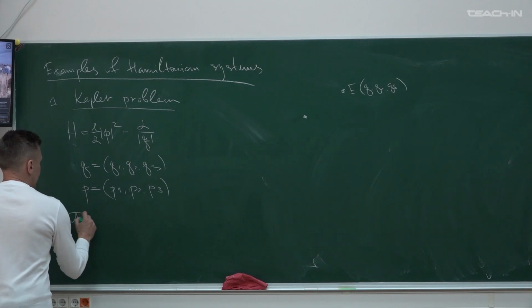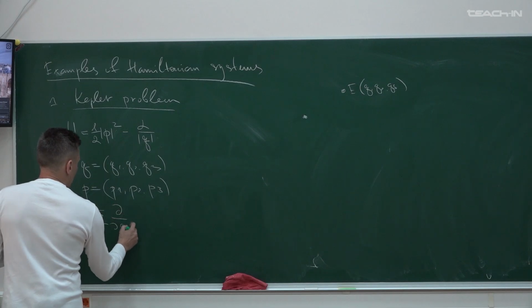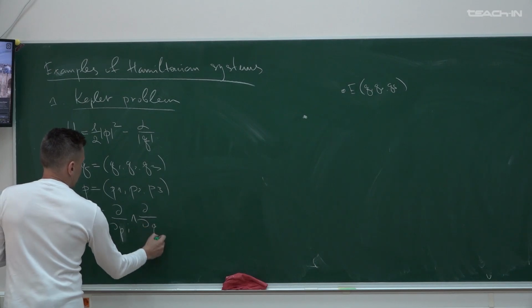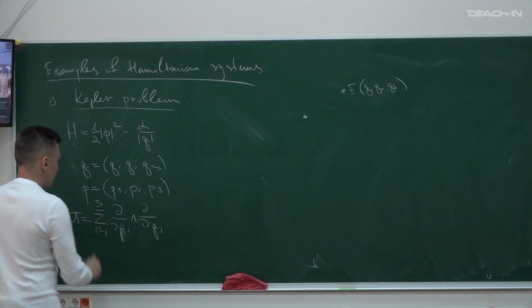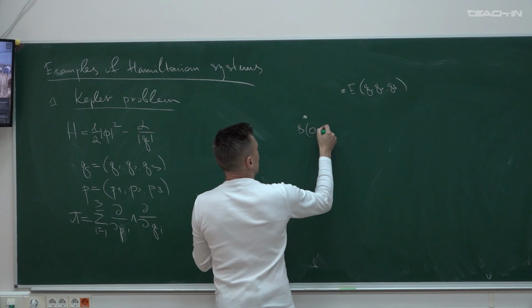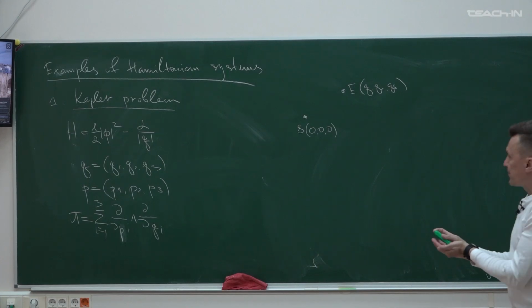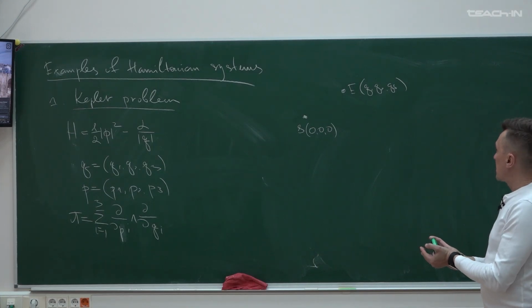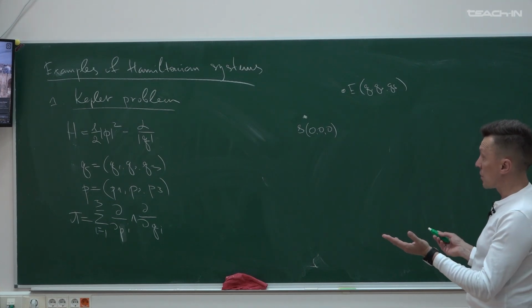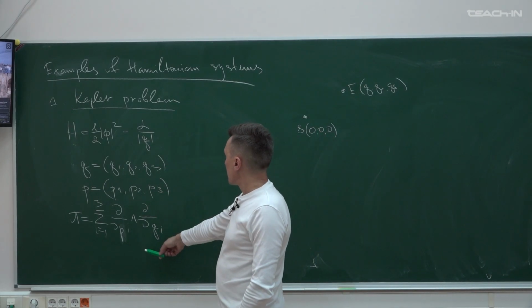So the bivector pi is the sum of d over dp_i wedge d over dq_i, with i from 1 to 3. So what are the Hamiltonian equations in this system?